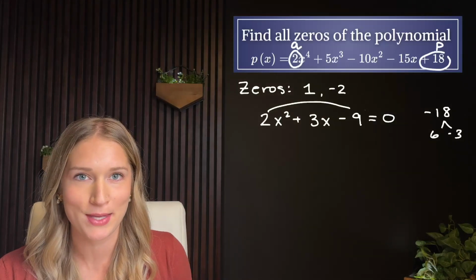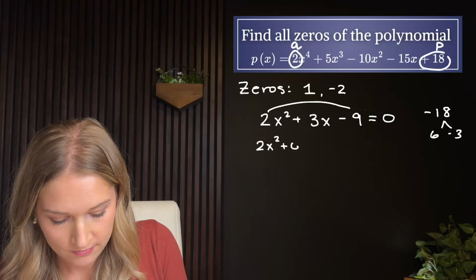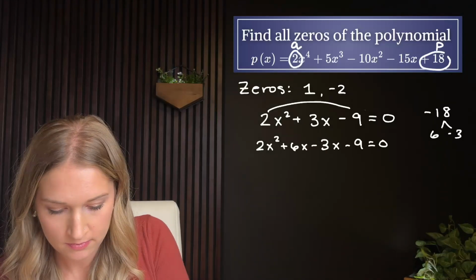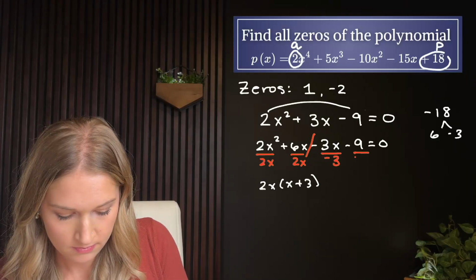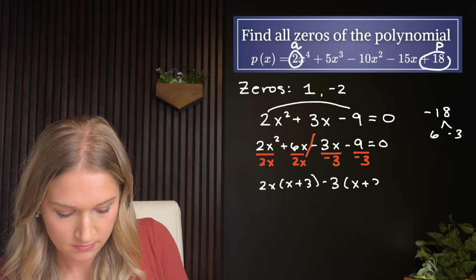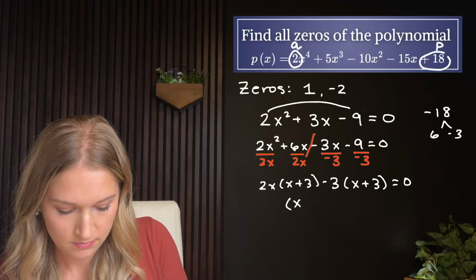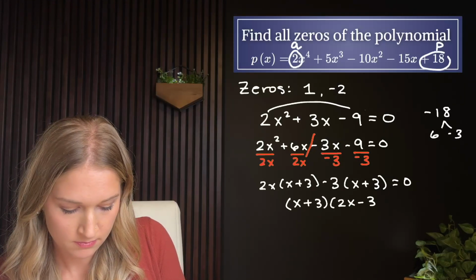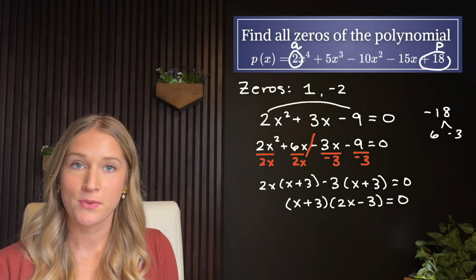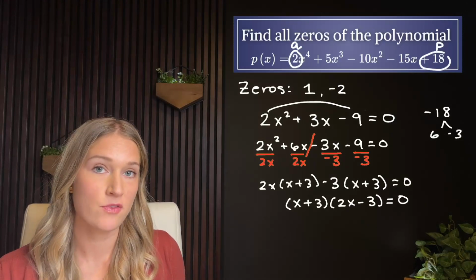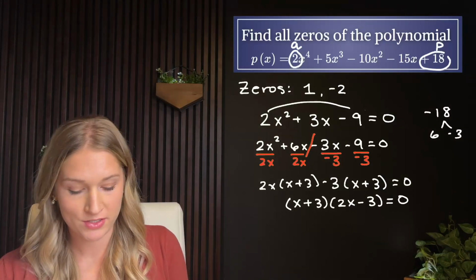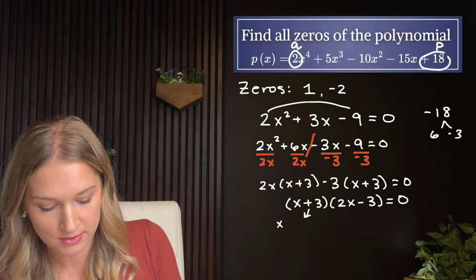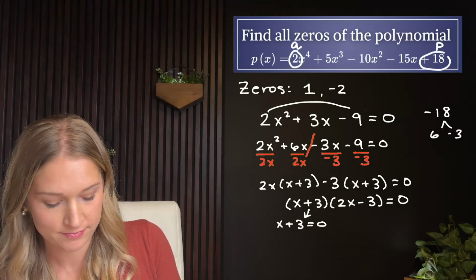So I'll go ahead and do that now. So I just factored my quadratic, and now from here to solve for the last 2 remaining zeros, all I'm going to do is set each of these factors equal to 0 and solve.